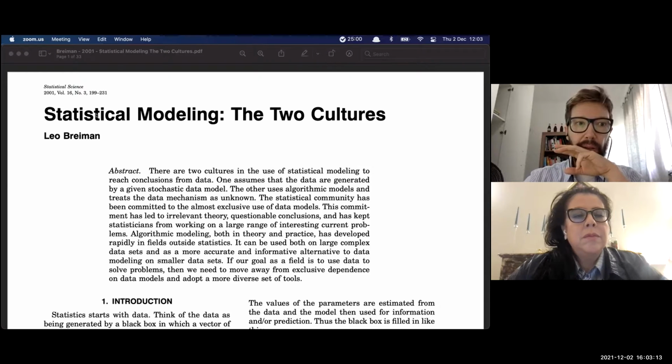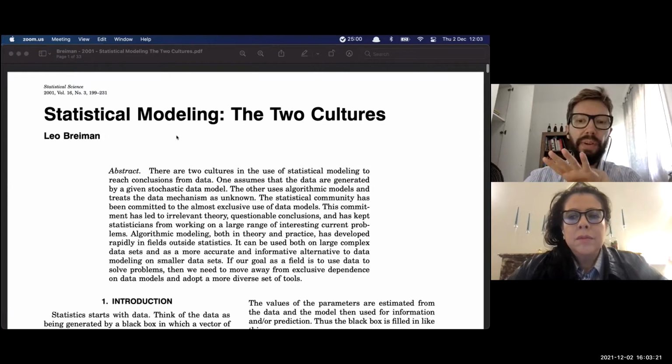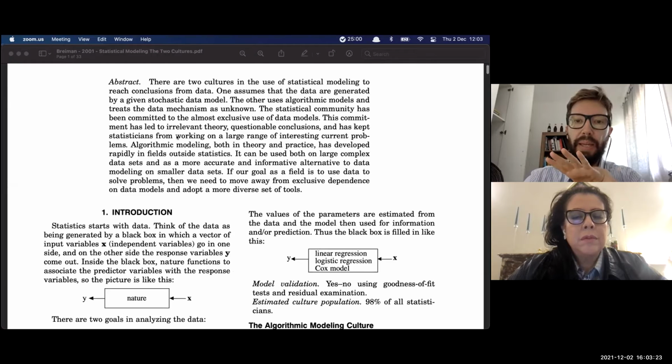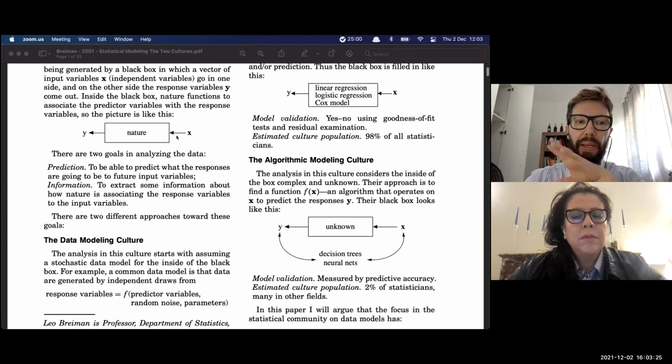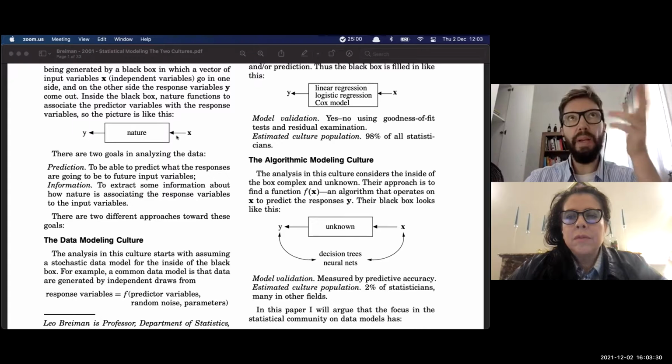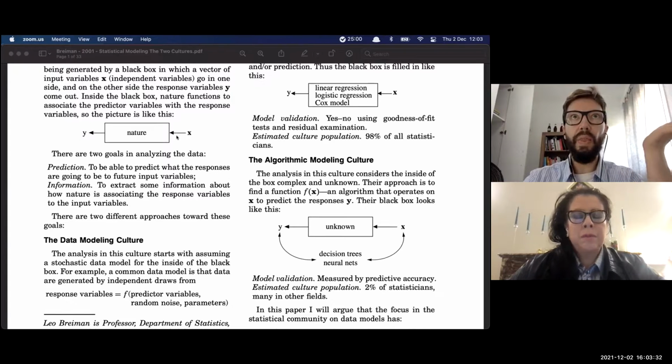This paper here is from 2001, from Leo Breiman, and it's titled Statistical Modeling: The Two Cultures. I'll show you just the first page, because in this paper he presents for the first time two schools of thought that could be used to model data.